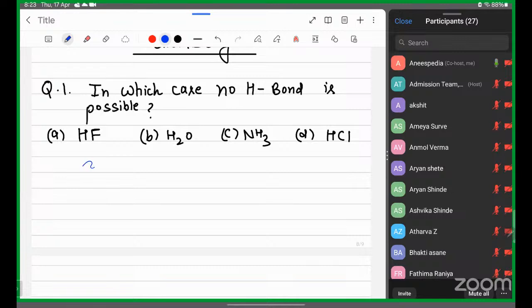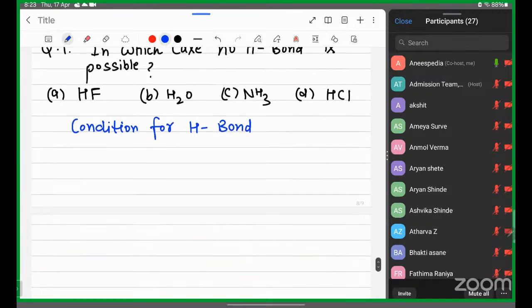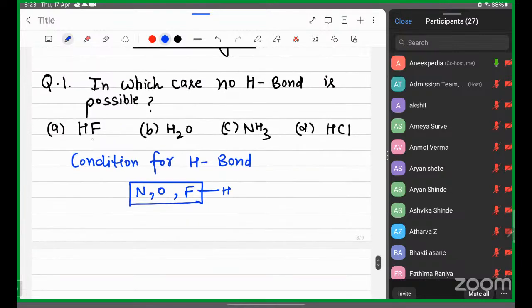What is the condition for H bond? A hydrogen bond will be formed if and only if hydrogen is connected with F, O or N. So in this case, hydrogen is connected with F, hydrogen bond can be formed.